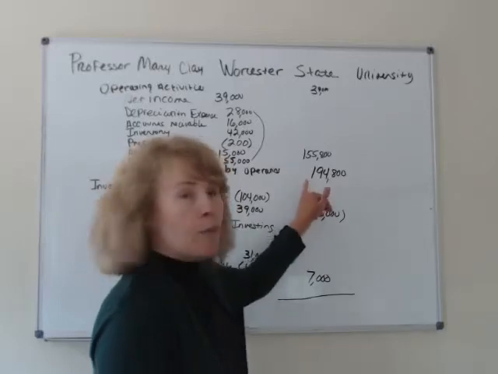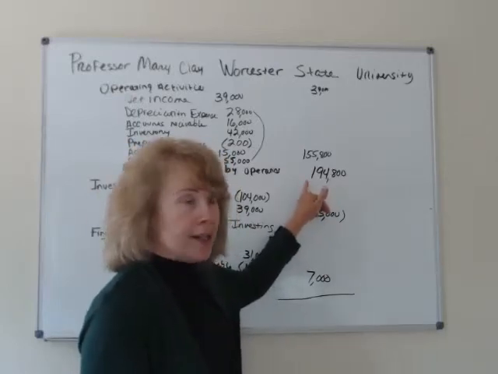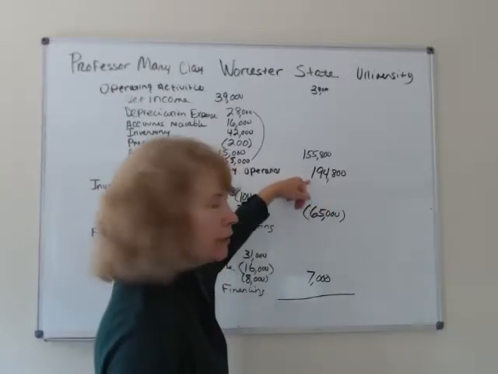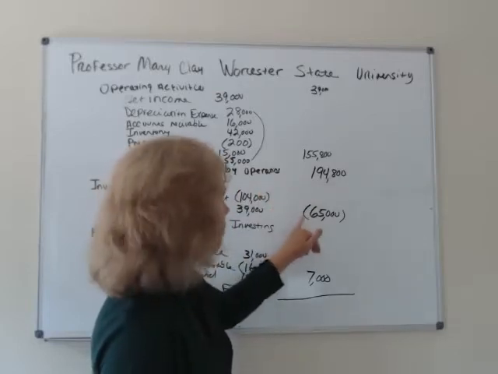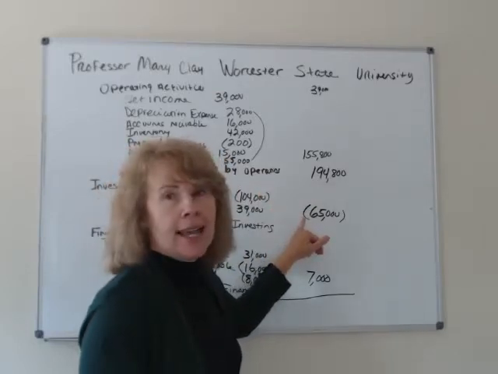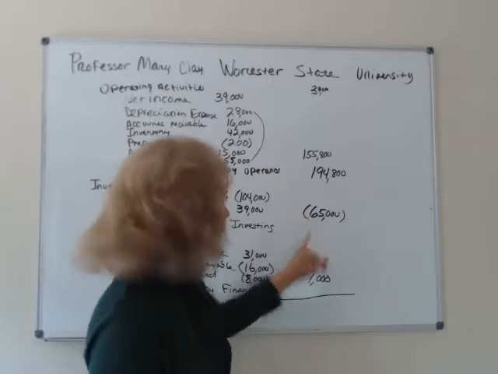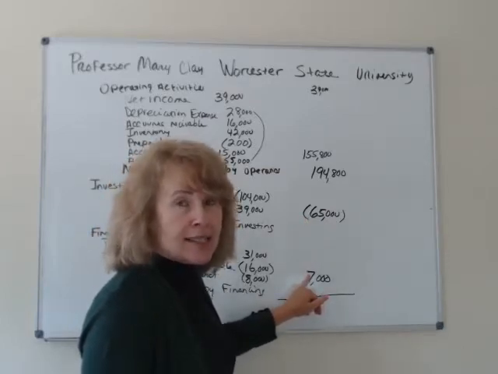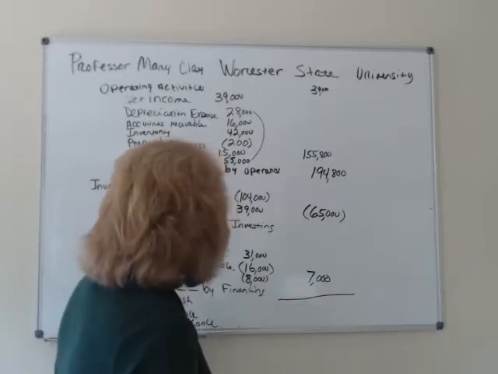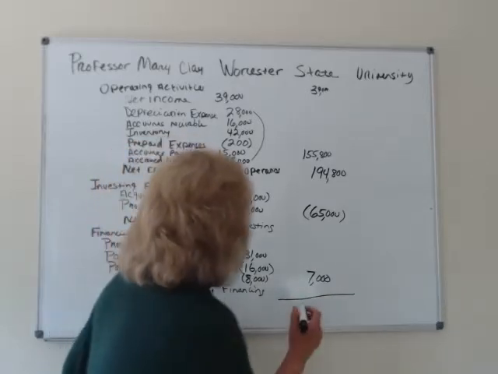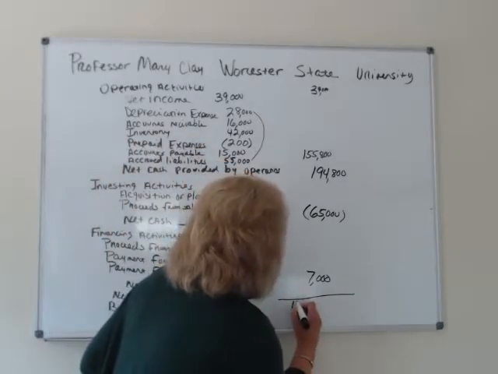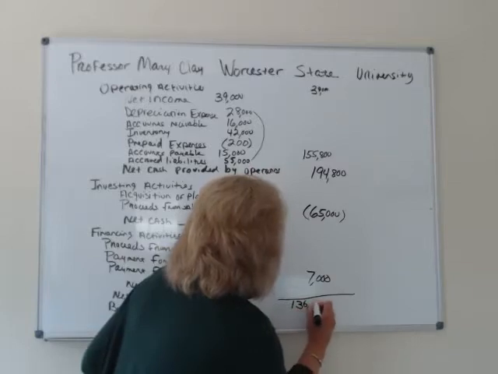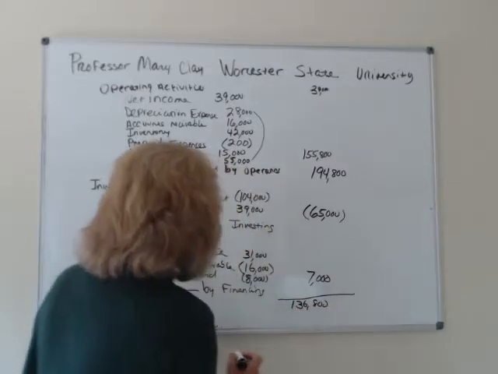Well, I take my total for operating, 194.8, which is a positive number. Subtract out my investing, negative 65. And I add back in my financing, which is 7. When I do that, my net change in cash is 136,800.